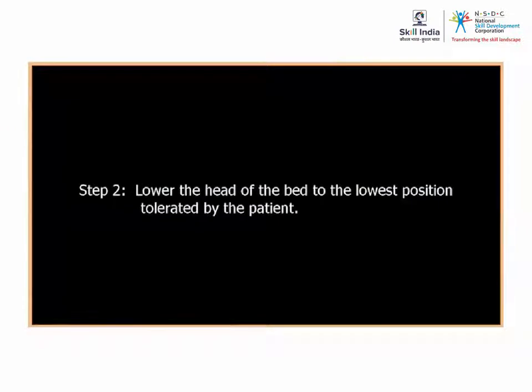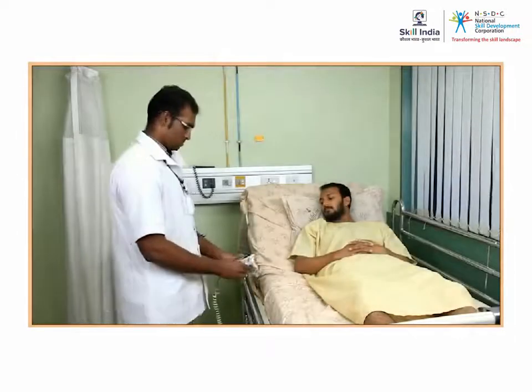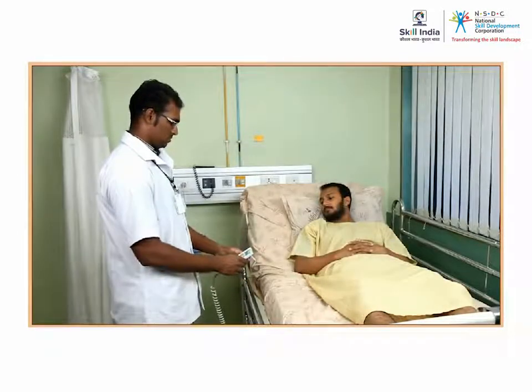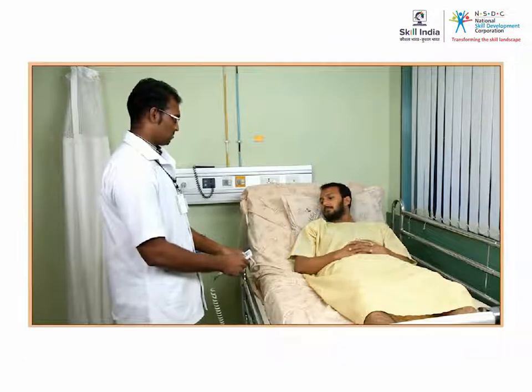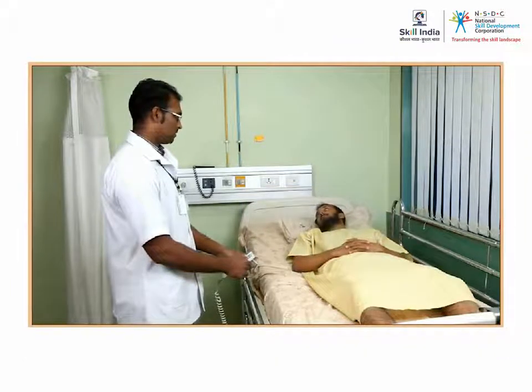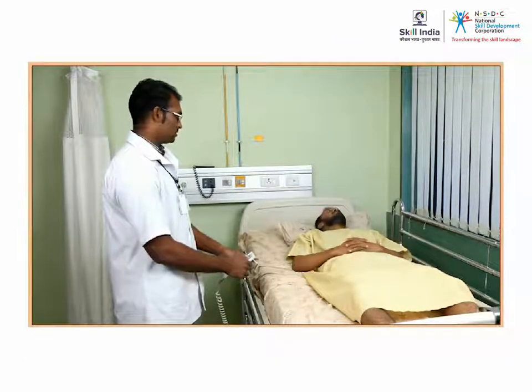Lower the head of the bed to the lowest position tolerated by the patient. Make the bed as flat as possible so that it is easier to roll the person to his or her side. Put on the disposable gloves.